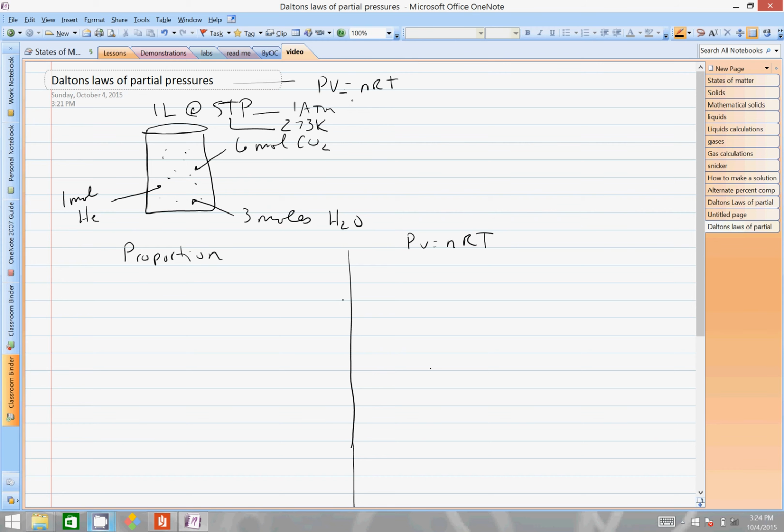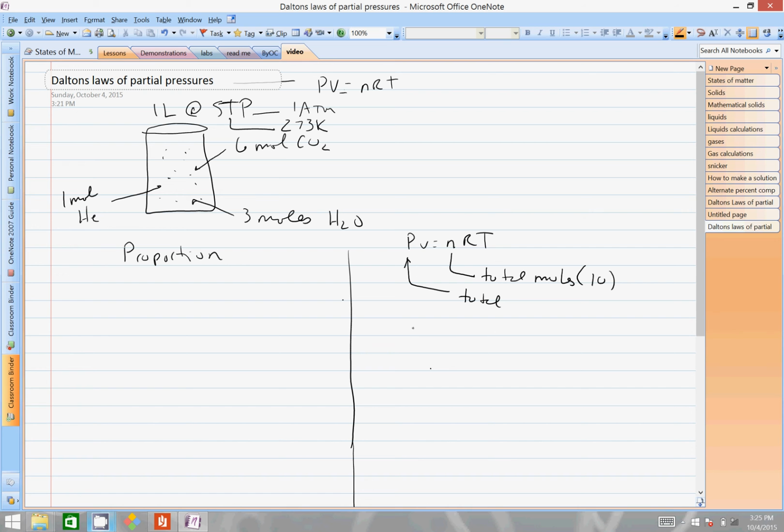Now, anytime I use PV equals nRT, I would solve for individual pressure. If I put in the total moles, which in this case happens to be 10, then I would get the total pressure.